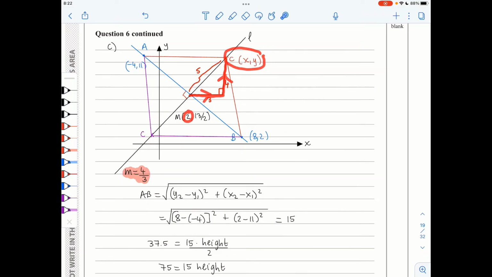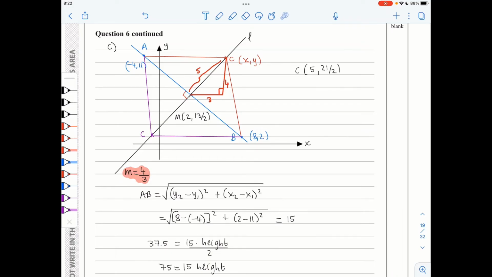So from 2 I will add 3, from 13/2 I will add 4, and therefore one possible coordinate for C will be 5, 21/2. That will be the case of being on the right hand side.